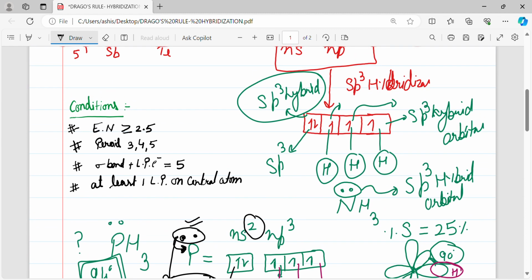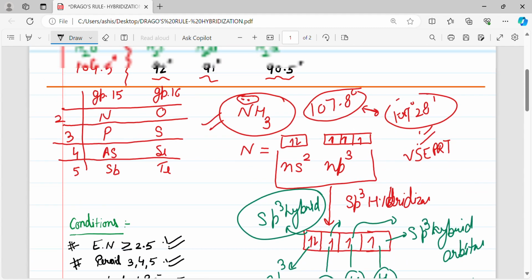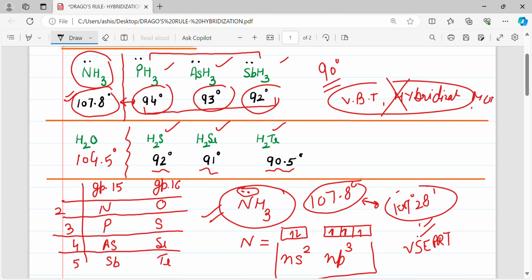That rule is called Drago's rule. According to Drago's rule, we should not consider the hybridization. What are the conditions for Drago's rule? There are some conditions when we apply it. First of all, the electronegativity of the central atom should be more than 2.5.